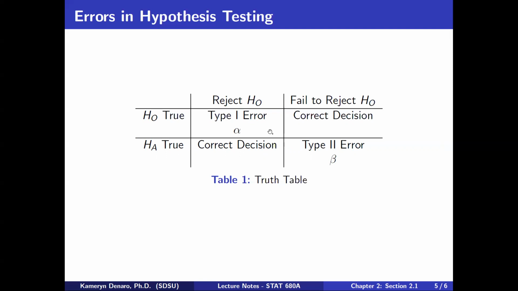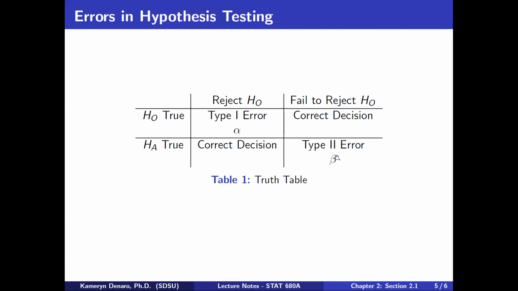But there are 2 types of errors that we might make in hypothesis testing. The first type is a type 1 error, and that is also set as our significance level alpha. That's the probability that we reject H0 given H0 is true.